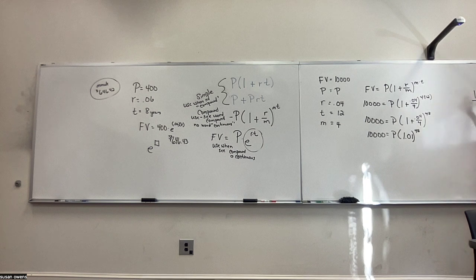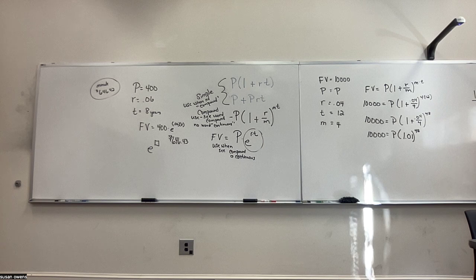All right, so now I'm gonna get rid of the 10,000. The 10,000 is in the numerator, so to get rid of it, we have to put it in the denominator, right? So what would be left in the numerator here if I got rid of the 10,000? A 1, so I'd have 1 over P, because this is a common mistake students make. They want to just leave it as P is equal to 1.01 to the 48 over 10,000, because I got to put it in the denominator to get rid of it.